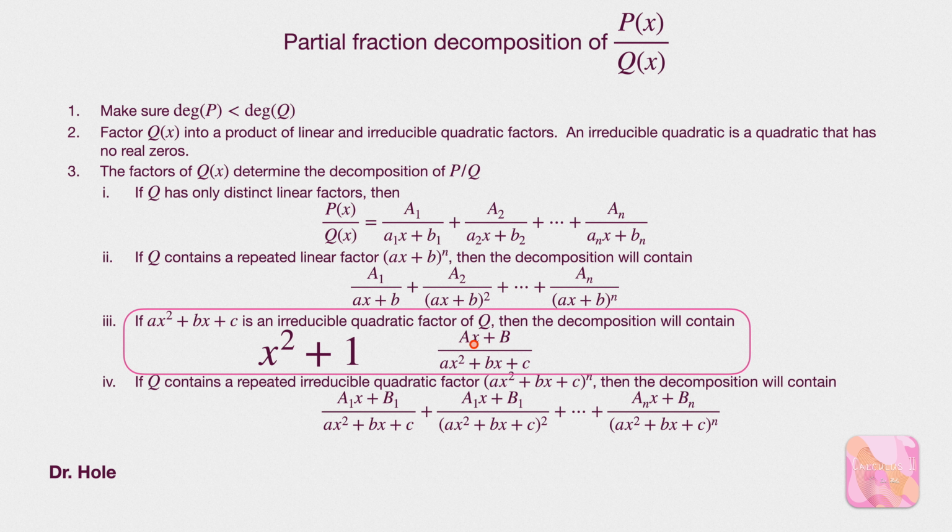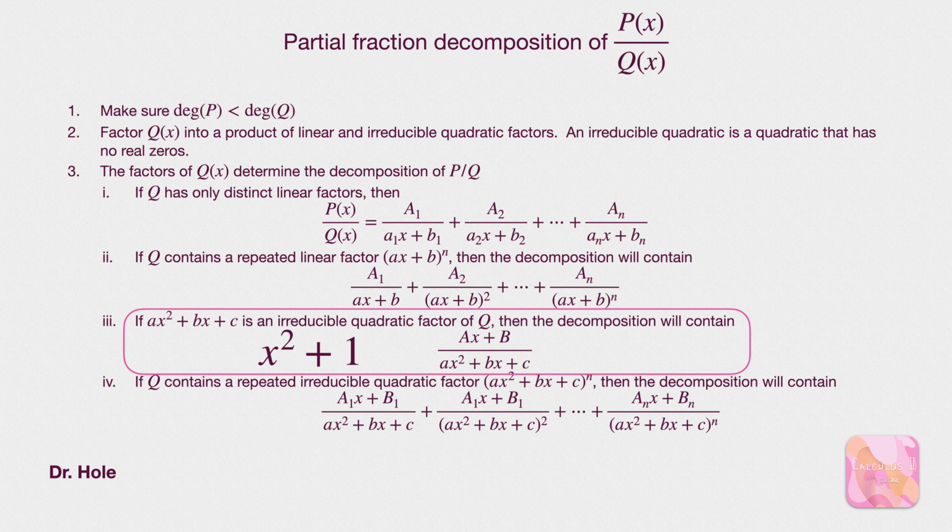We can allow for as much as a linear numerator. Thus, the numerator will be an unknown coefficient a on x, and then any constant b.